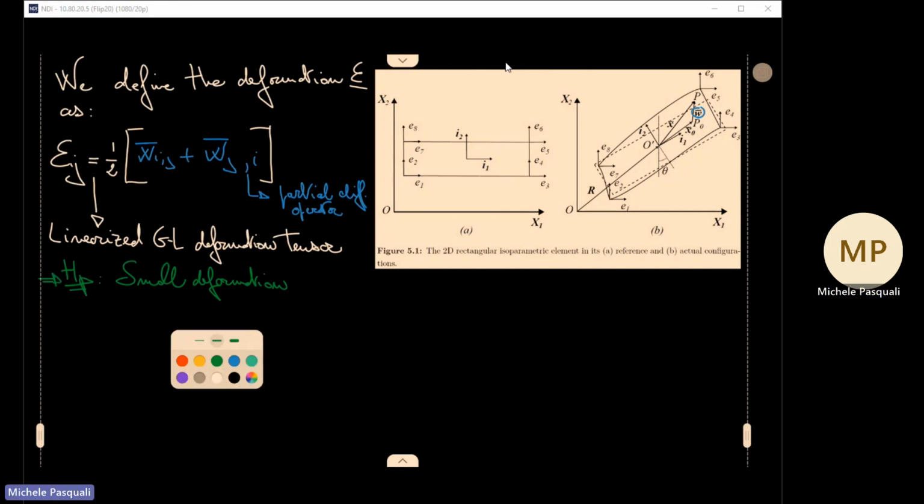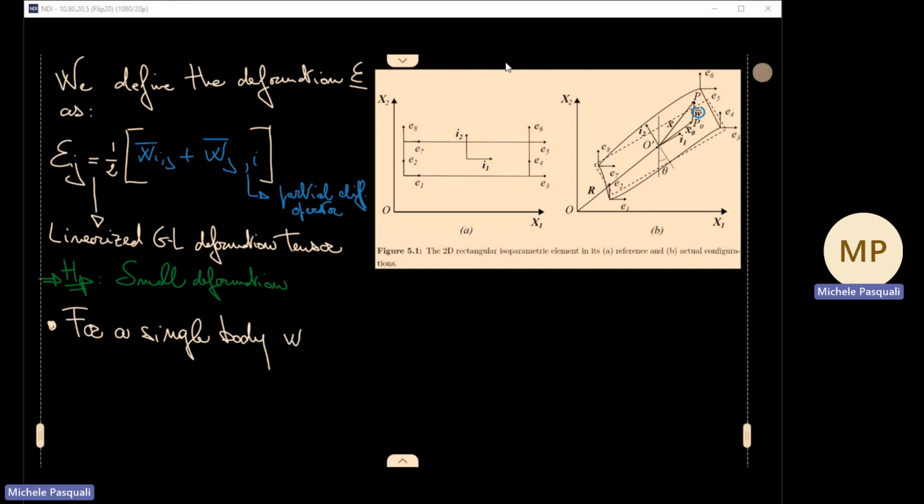So now, if you remember, for a single body, we had that the position of a general point within our body was equal to capital R plus small case r, okay?